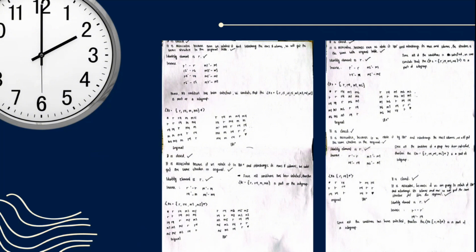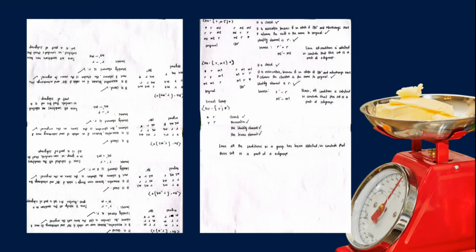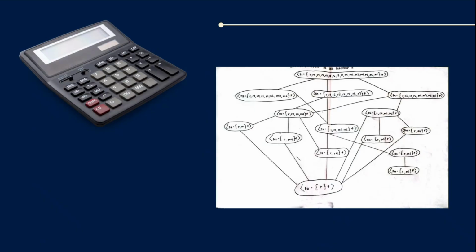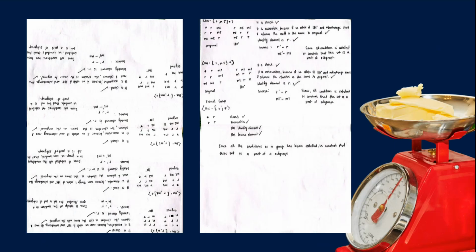We check if it is closed, associative, and has an identity. All the conditions have been satisfied, therefore we could say that A6 is a subgroup. The same goes for A7, A8, A9, A10, and A14.